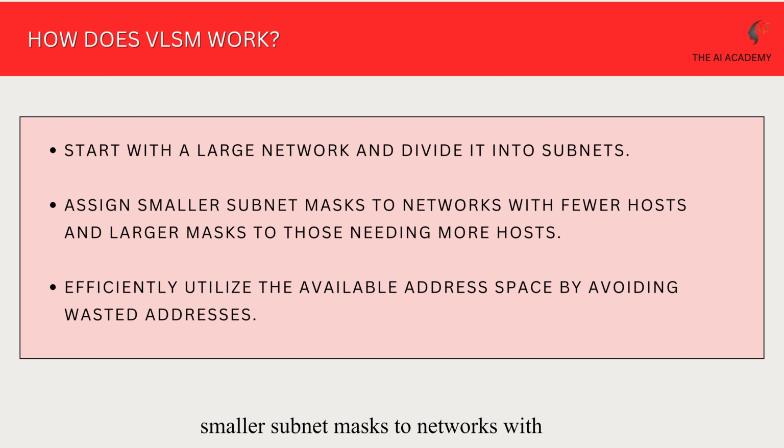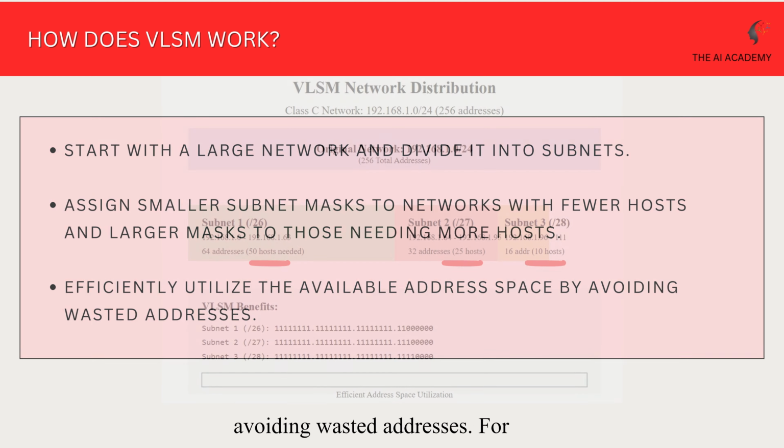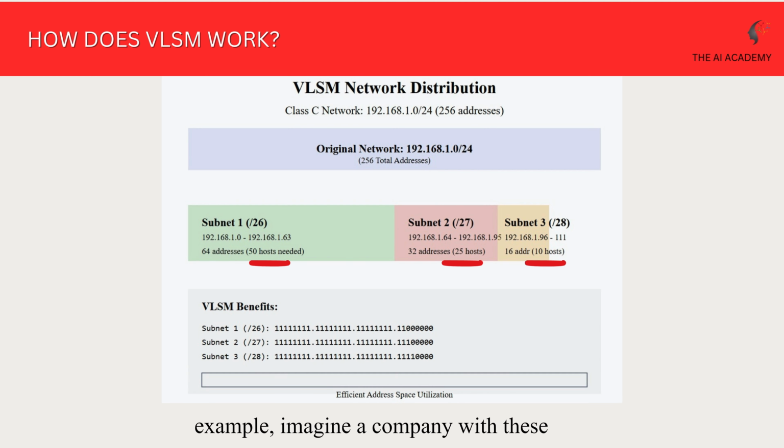Assign larger subnet masks to networks with fewer hosts and smaller masks to those needing more hosts. Efficiently utilize the available address space by avoiding wasted addresses. For example, imagine a company with these requirements. Subnet 1, 50 hosts, needs at least 64 IPs. Subnet 2, 25 hosts, needs at least 32 IPs. Subnet 3, 10 hosts, needs at least 16 IPs.